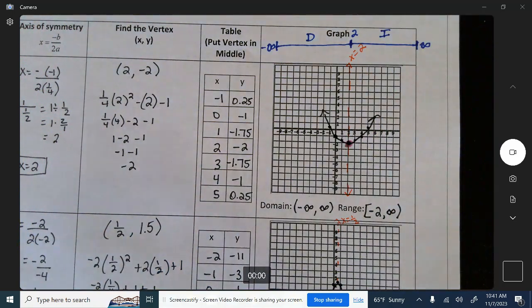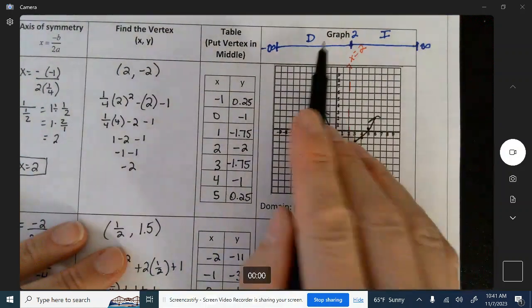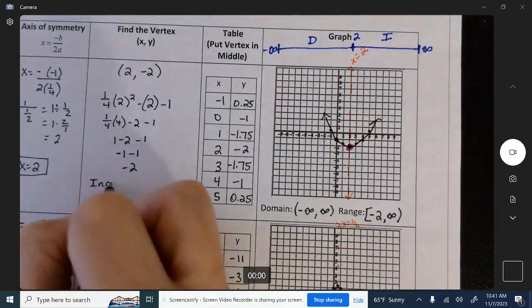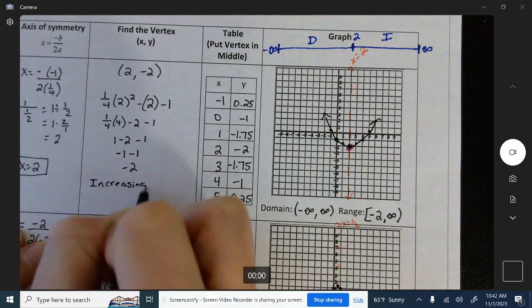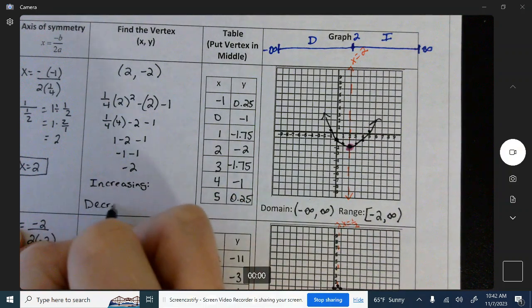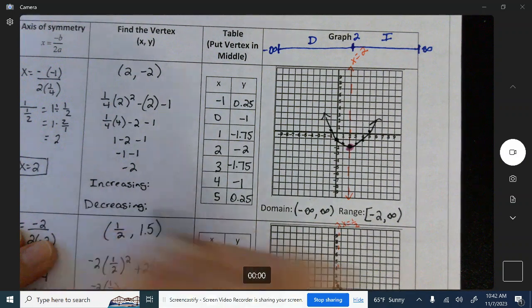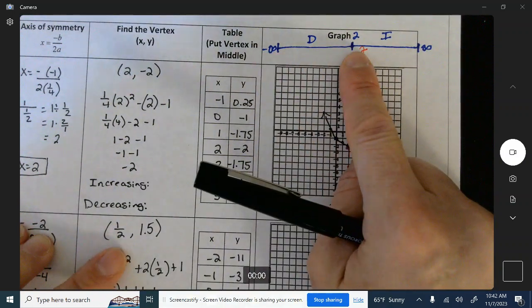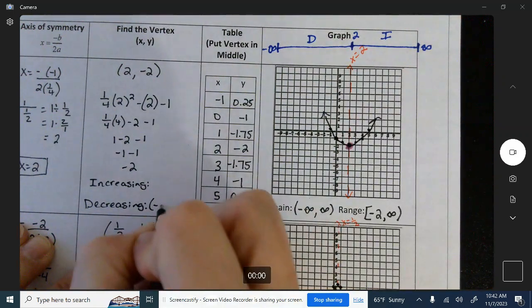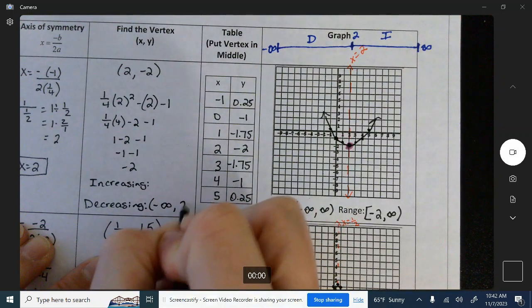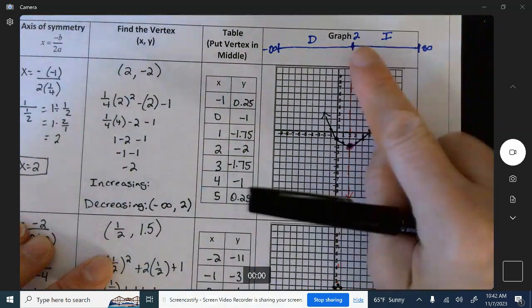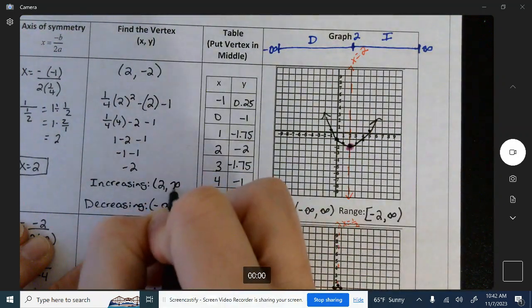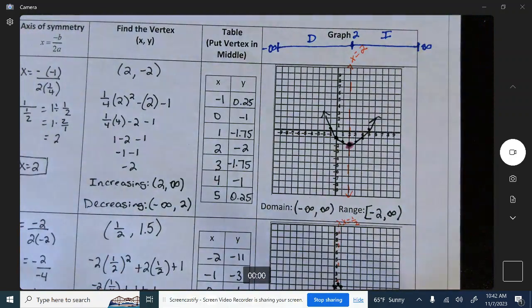So we're decreasing from negative infinity to 2, and then 2 to infinity is increasing.